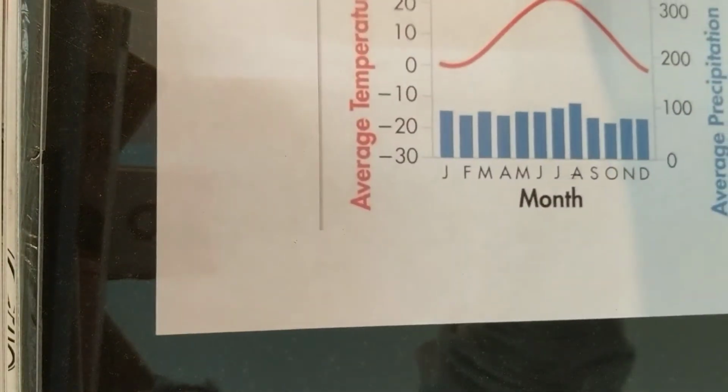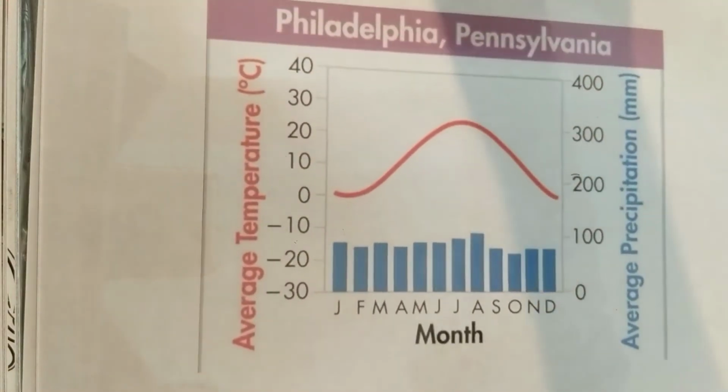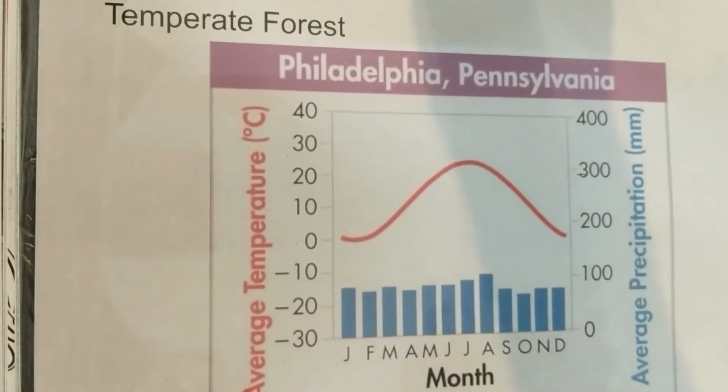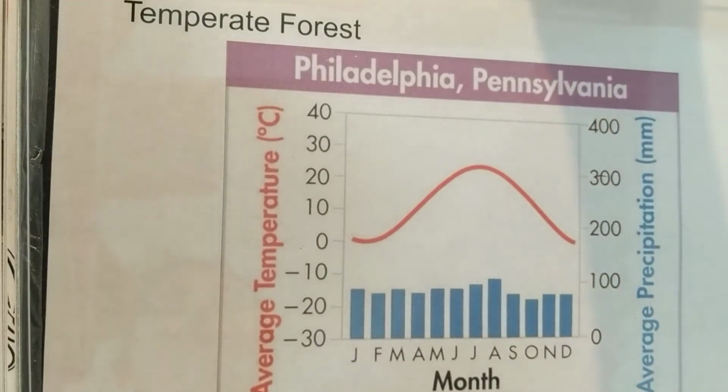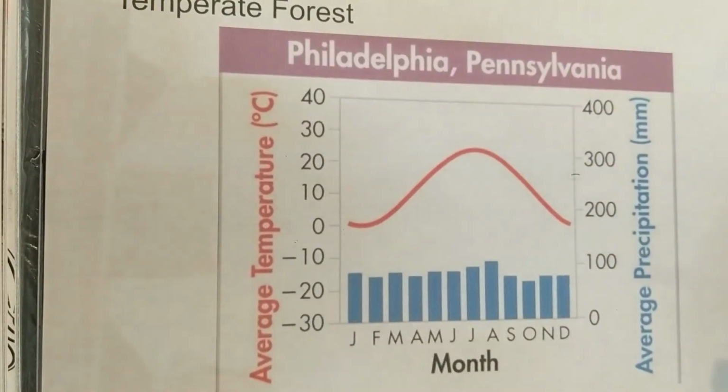Next, we're going to look at the biome that we live in, which is called a temperate forest. This data is taken from Philadelphia, Pennsylvania, which is fairly similar to our area, with the exception that we're not right next to the ocean in Philadelphia, but we are part of a temperate forest.